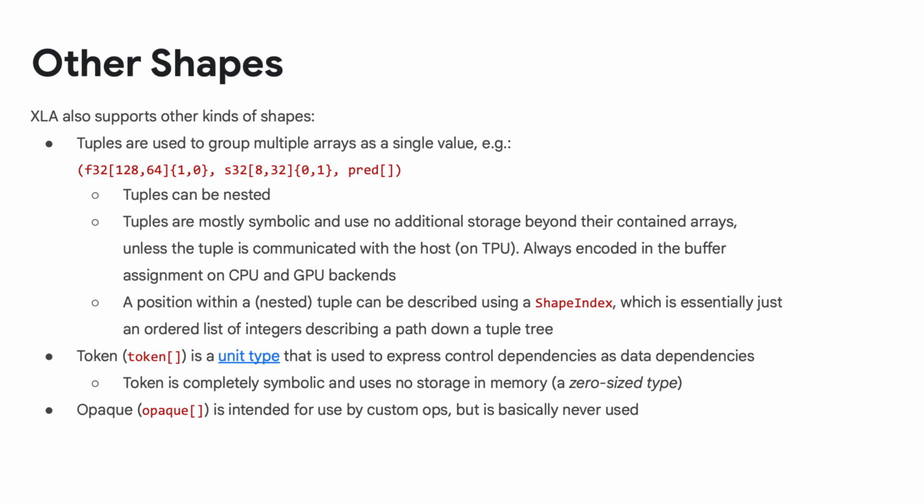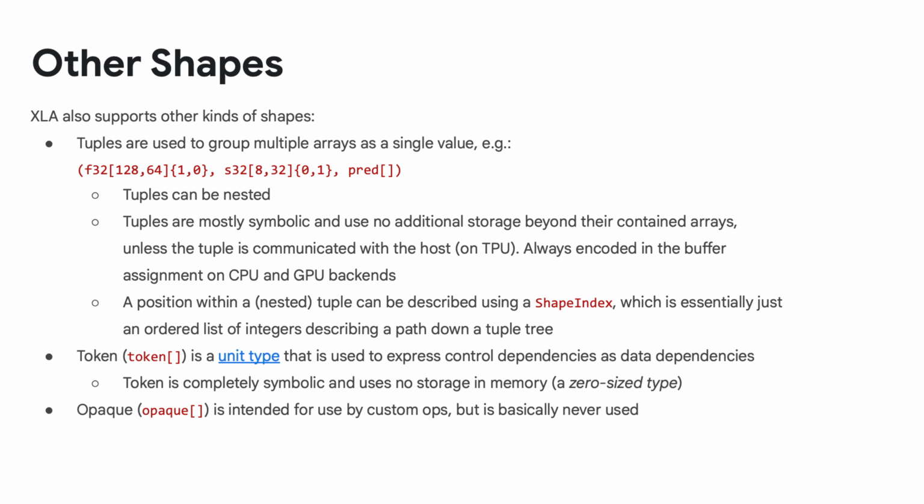So we have other shapes, tuples. As I mentioned, we don't support returning multiple results. So if you want to return multiple results from your operation or computation, this will be a tuple. And tuples do support arbitrary levels of nesting. And tuples usually don't have a physical representation. It's just symbolic. We do buffer assignment, so every array inside the tuple gets some region of memory on device.